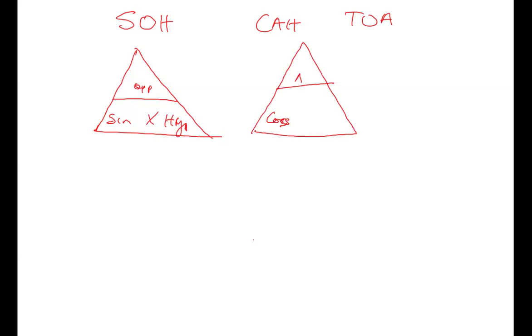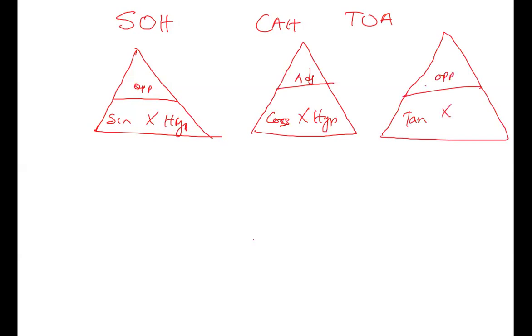Adjacent over hypotenuse. Tan equals opposite over adjacent. So it's very straightforward.